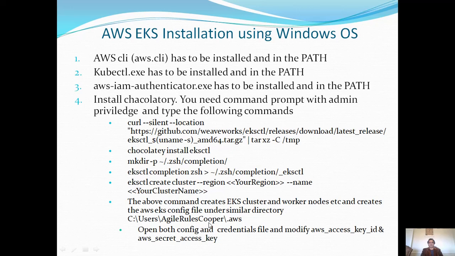And one more thing I want to make sure of: once you finish your create cluster command, the above command creates the EKS cluster, worker nodes, etc., and also creates the AWS EKS config file on the client side. On my laptop, it creates it under my user name, in /.aws. Open the config and credentials file and modify the AWS access key ID and AWS secret key ID. This is very important.